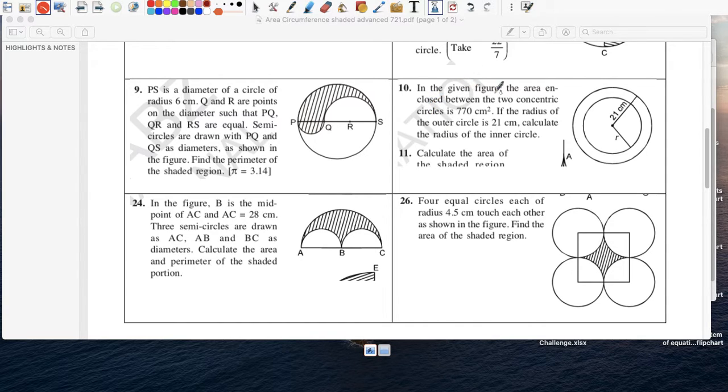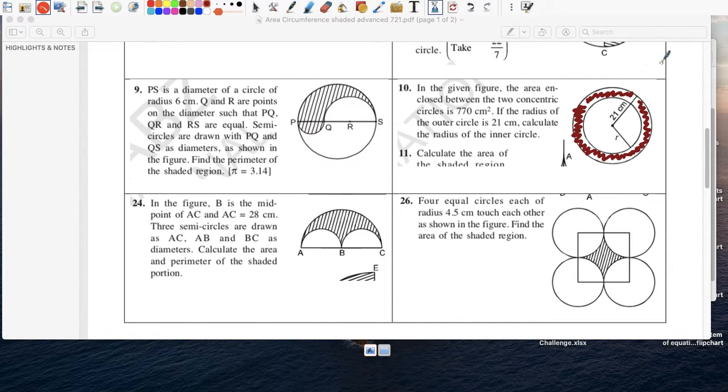In the given figure, the area enclosed between the 2 concentric circles is 770. If the radius of the outer circle is 21, the area between, so I'm going to shade this. So this area right here, in red, that's what I think they mean.